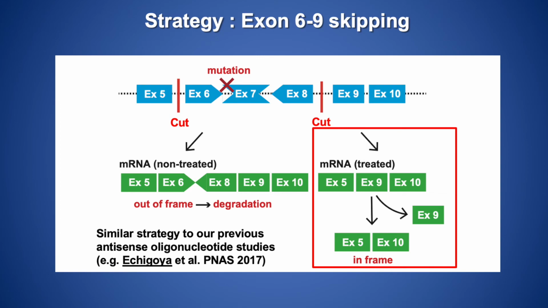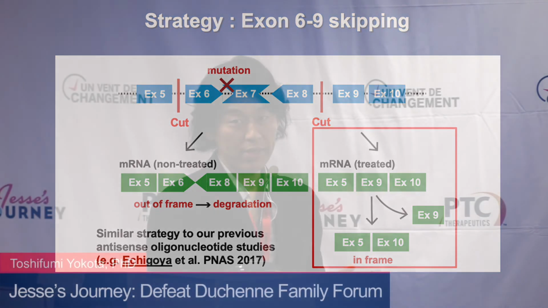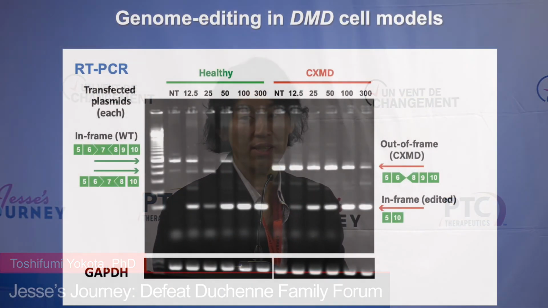So just like exon skipping, this can restore the reading frame. Exon 6 and 8 don't fit together, but if we remove exon 6 to 8, the reading frame is restored.